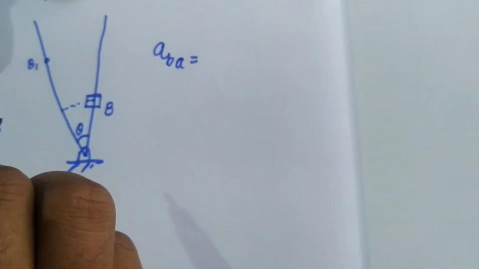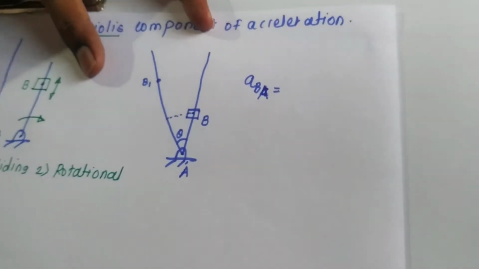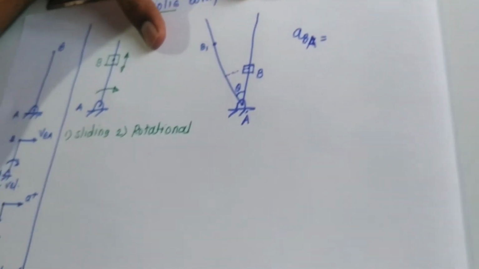So it is due to the acceleration of the slider, the acceleration of B with respect to A. If you are confused about why A, I will give capital letters here. The acceleration of B with respect to A, where A is this pivot point and B is the slider, will be a combination of three acceleration components. Here it was only two, but now due to sliding and rotation there are three components.